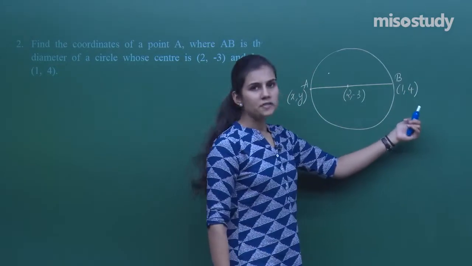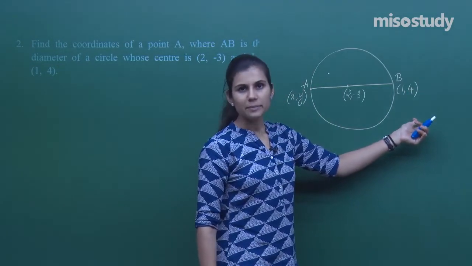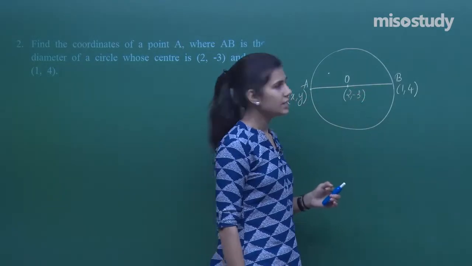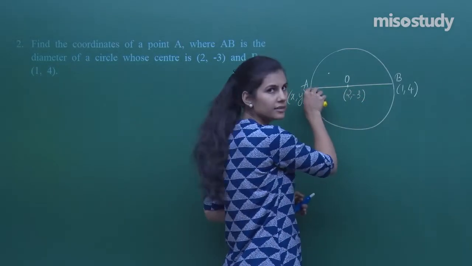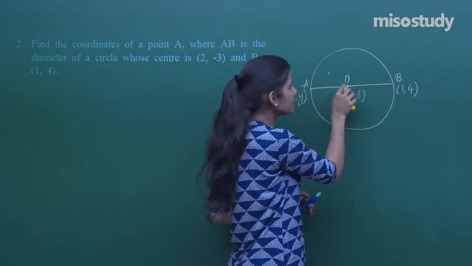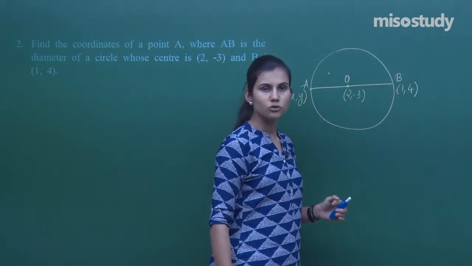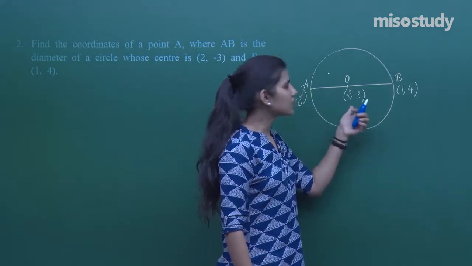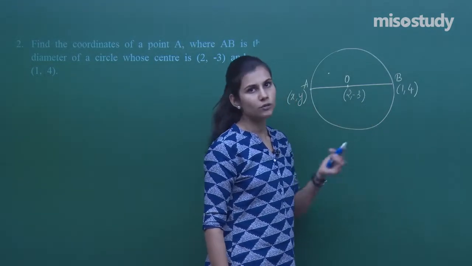What is the sense of saying AB is the diameter? AB is the diameter means if O is the center, then OA is equal to the radius and OB is equal to the radius. You know that the distance of any point on the circle from the center is equal to the radius.